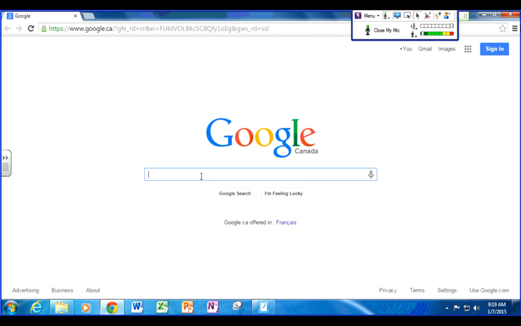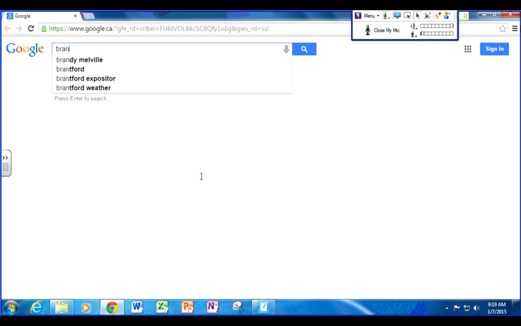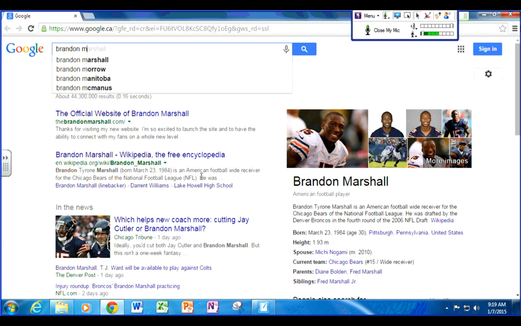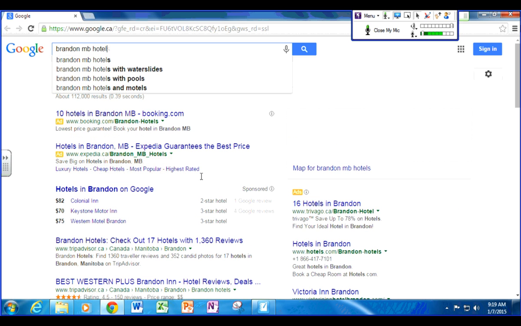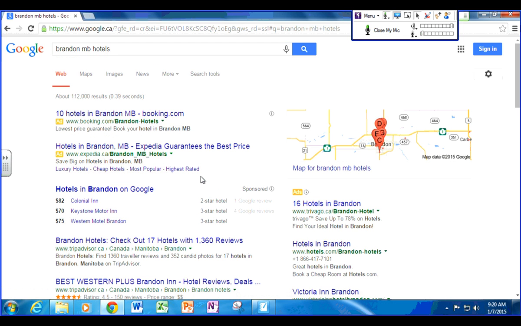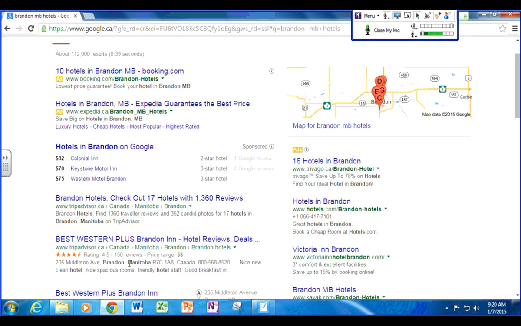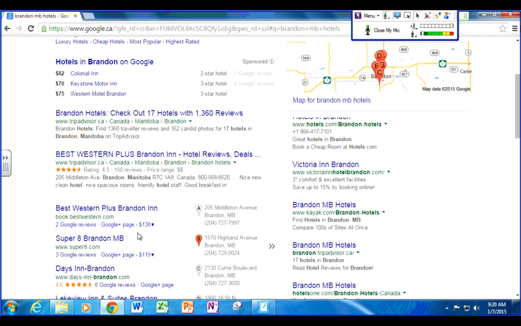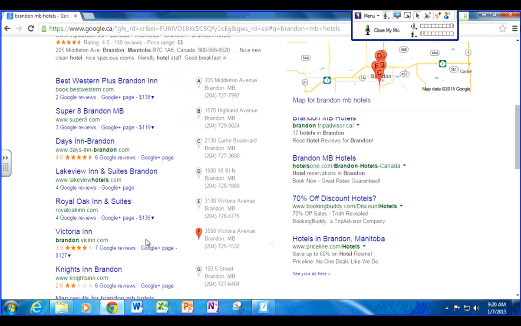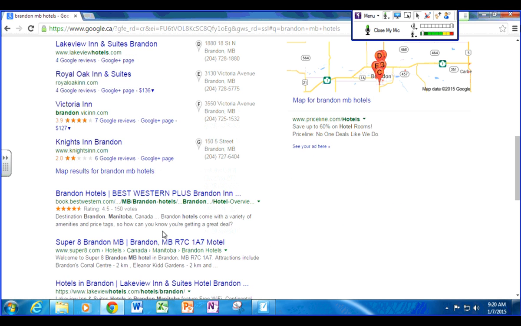And what am I going to do? Brandon, Manitoba, MB, hotel. Okay, so hotels. And yeah, so then you have all these hotels. Expedia, Booking. Now, one of the things that they say is that if you book the hotel directly with them, it's usually the cheapest, but it's really hard to say.